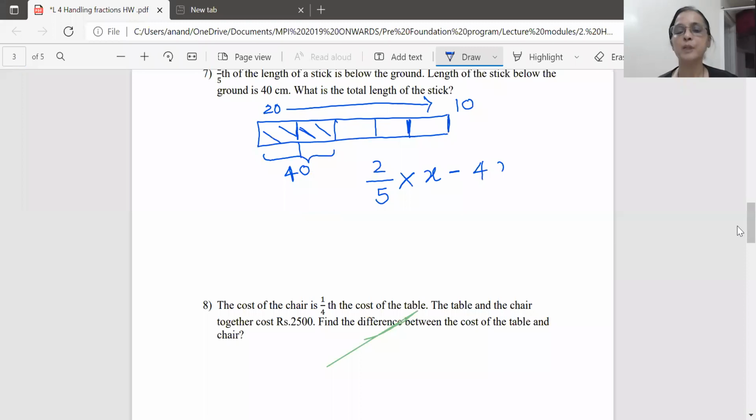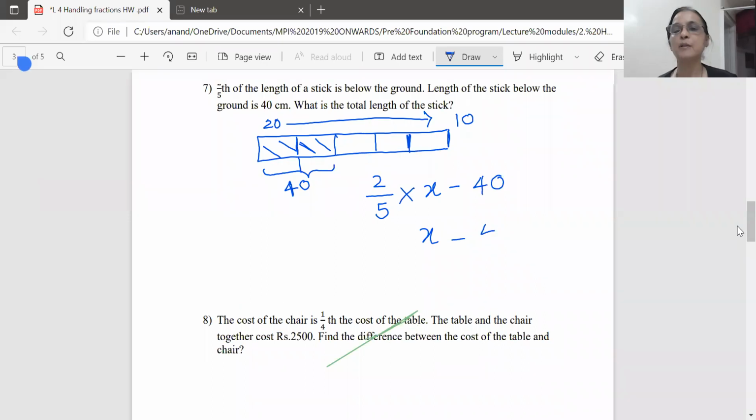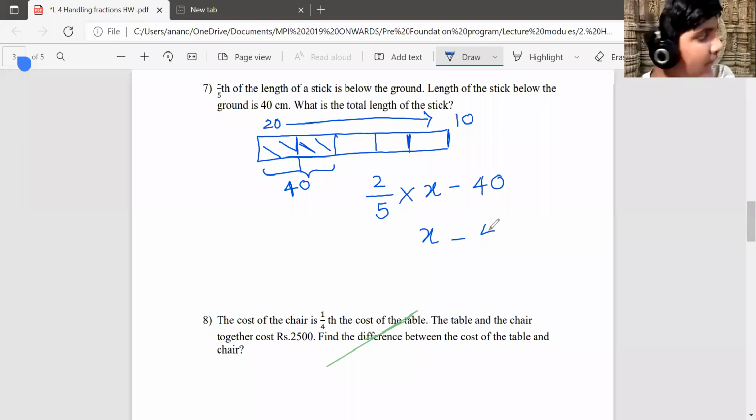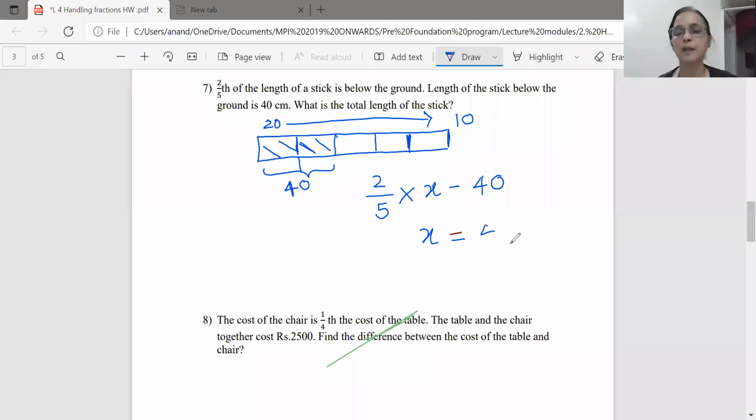So my numerator becomes denominator and my denominator becomes numerator. 40 divided by 2 multiplied by 5, or 40 multiplied by 5 by 2. So that will be 20 5s are 100. So my number is 100. So the length of the stick is 100 centimeters.